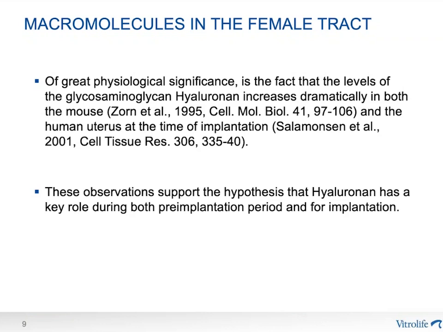But of great significance in terms of reproduction, we had determined through analyzing the literature that the levels of glycosaminoglycans, particularly hyaluronan, increased dramatically in the mouse. And later on it was shown that this is also true in the human, that at the time of implantation, the levels of hyaluronan increased significantly. So these observations led us to develop the hypothesis that hyaluronan had a key role not only in supporting embryo development, but was important for implantation.